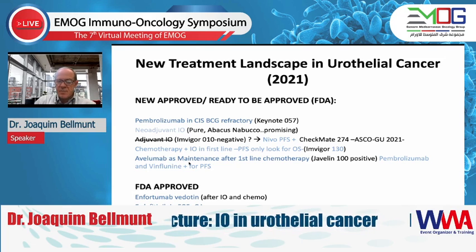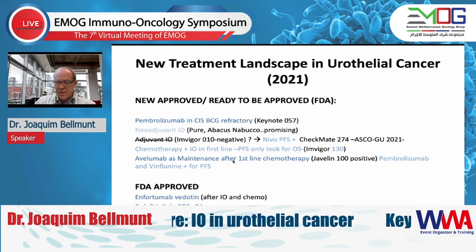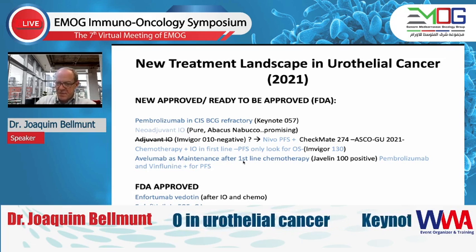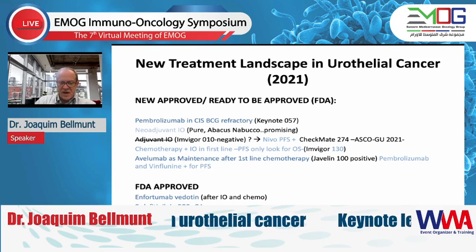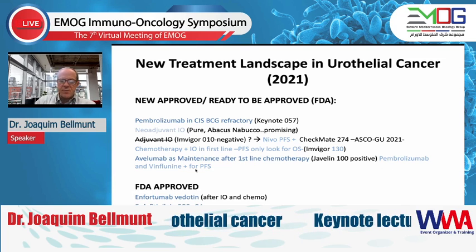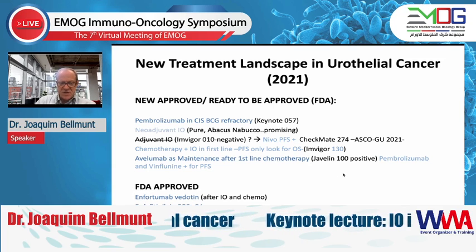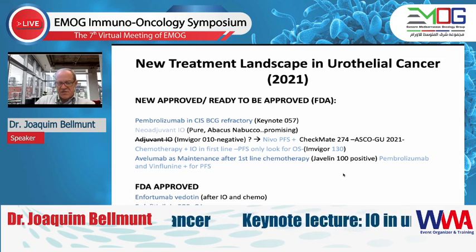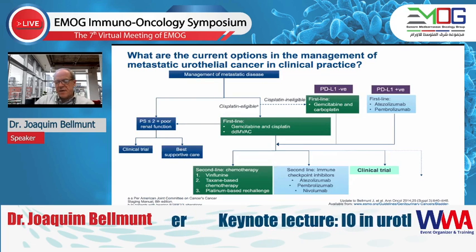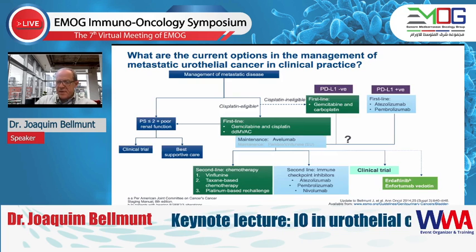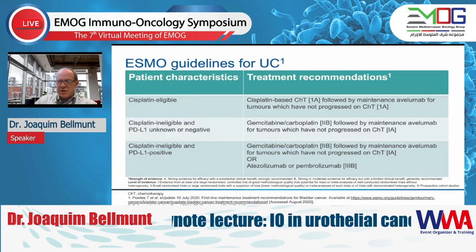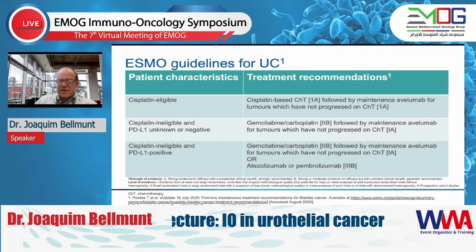We have seen this 7 months difference in survival using avelumab maintenance after first-line therapy in patients who are responding or having stable disease. Some data for pembro and vinflunine in the maintenance space, and finally, these new 2 targeted therapies, enfortumab vedotin and erdafitinib. So those are the guidelines that have been modified to add avelumab, and also this is now the new version where the maintenance avelumab has been implemented.